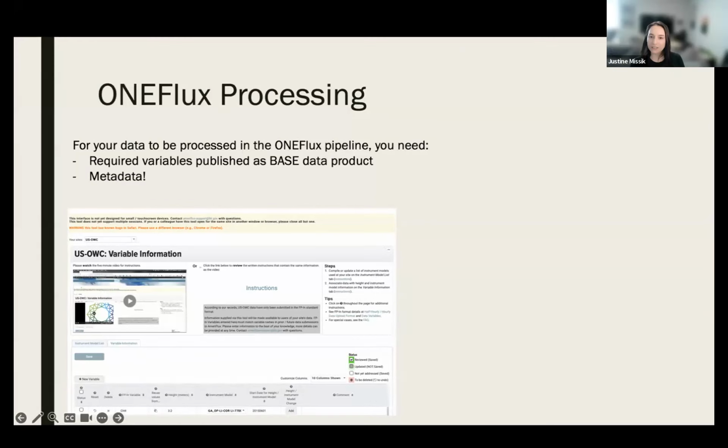Yeah, so for the first question, you can totally register your site before you have any data ready to submit, or maybe even if you're just starting to set up the site and you don't really have data collected. So you can go through the registration process beforehand, and then everything will be ready to go once you actually have your data ready to submit.